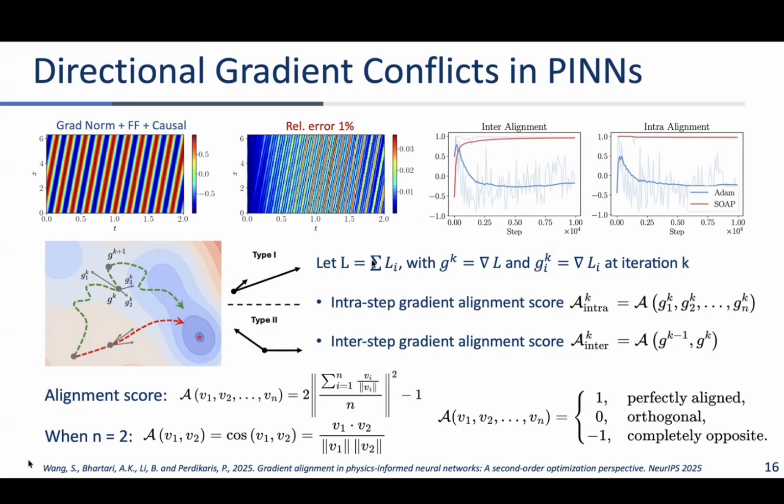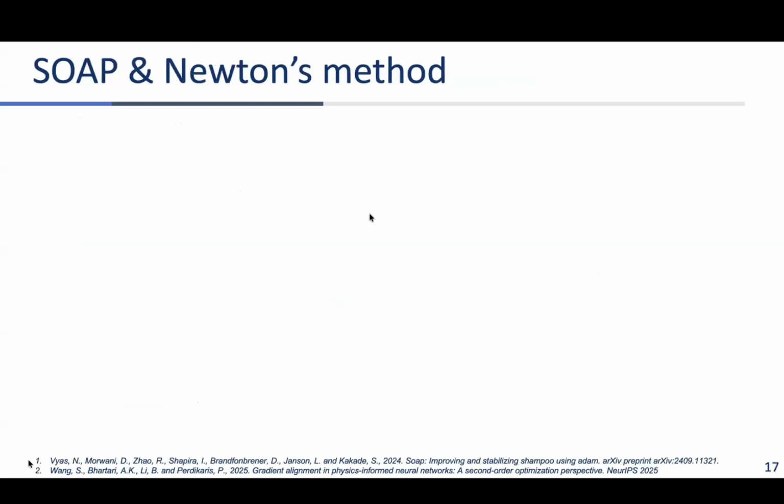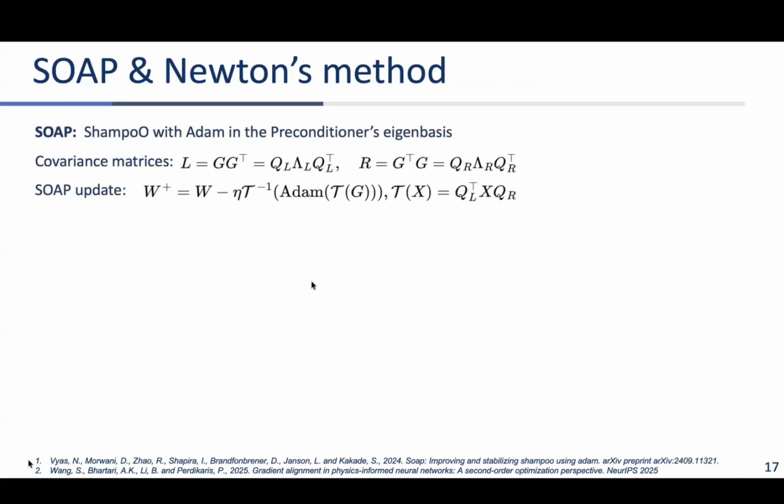So what is SOAP and why is SOAP so effective? You'll see that in this slide. For SOAP, I don't want to go over the full technical details, but I just want to convey the key ideas. SOAP is an optimizer proposed by Vyas, and it stands for ShampoO with Adam in the Preconditioner's eigenbasis.